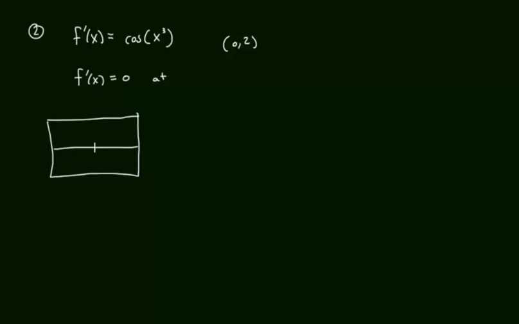So when I graph this derivative, it's going to come in and come down, up, crossing the x-axis at 3 locations. And those are the 3 locations I'm supposed to find.